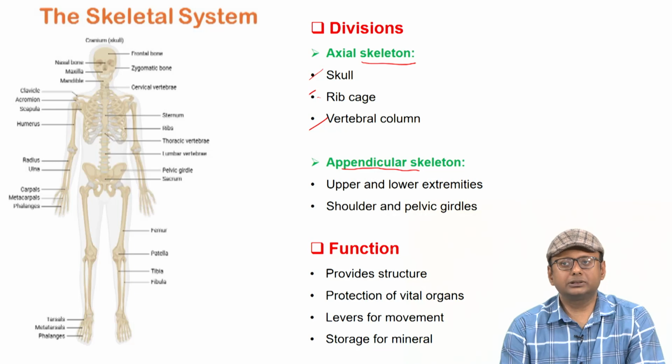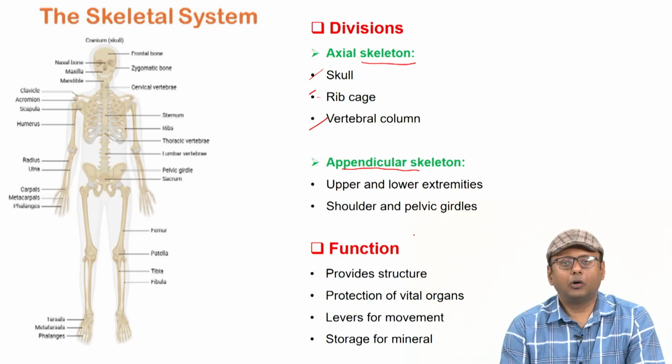So what are the functions of this? Basically, as we all know, in general the skeletal system provides us structural integrity. Our skeleton gives structural support, and it also protects our vital organs.